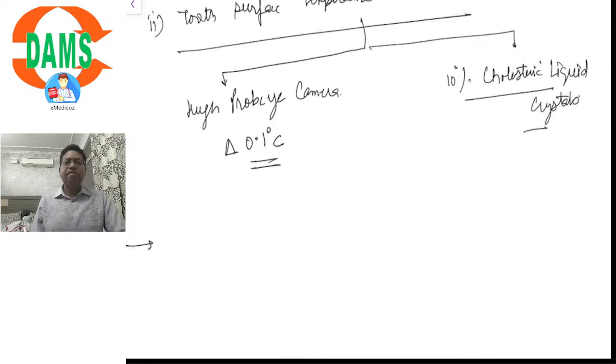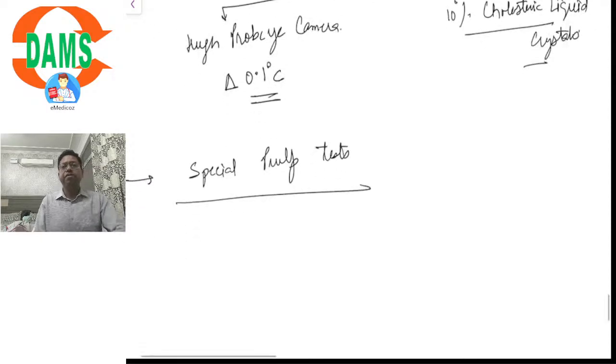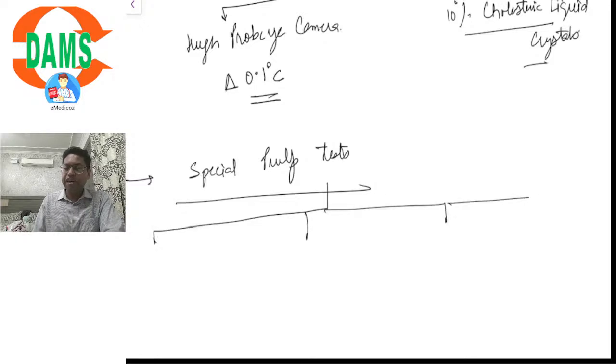Then there are certain clinical situations which demand special testing of the pulp. So what are the special pulp tests? Broadly speaking, there are four types of special pulp test depending upon the clinical situation. One is the bite test.